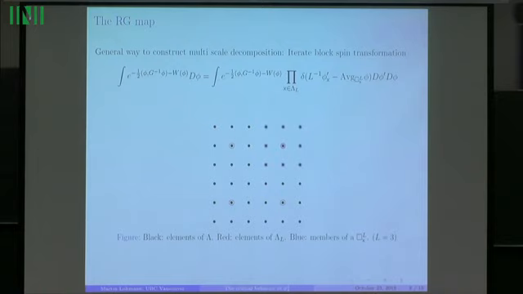And then in this integral, I want to condition on what is the average of the spins on a block. So I insert a unity here, and that unity is an integral over a delta function which restricts the average over a block of the original integration field to be equal to a certain value. This is just inserting an identity, and now the trick is to commute the integrations.